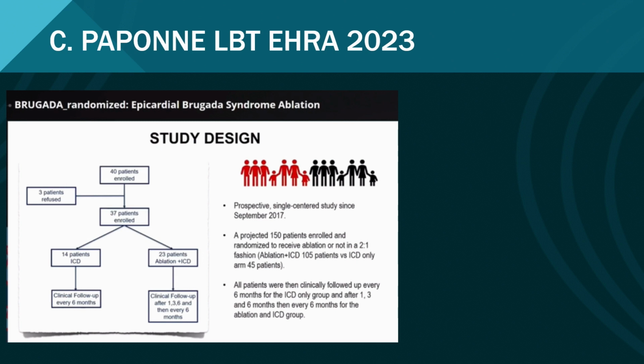And Carlo Pappone just recently reported at EHRA this year an interesting randomized study where patients would be randomized to either ICD alone or ICD plus ablation, 2-to-1 in favor of ablation.